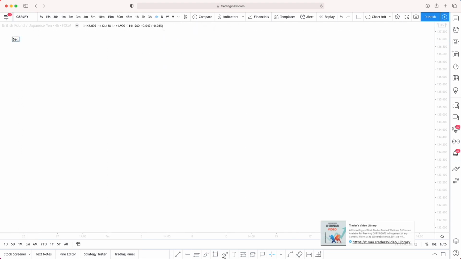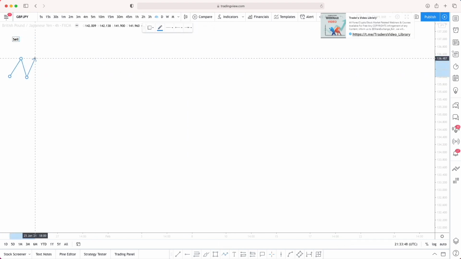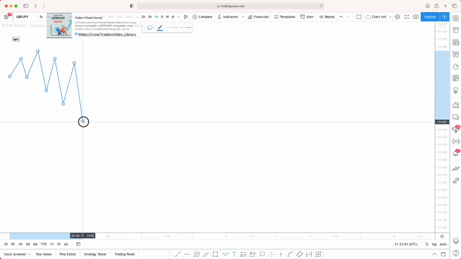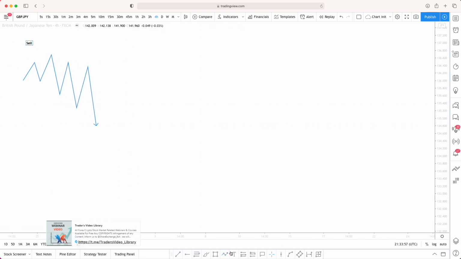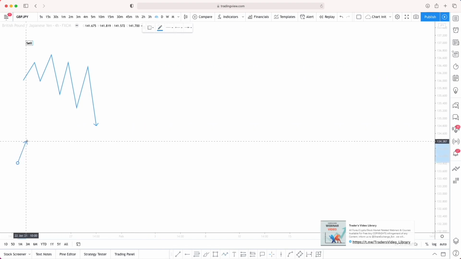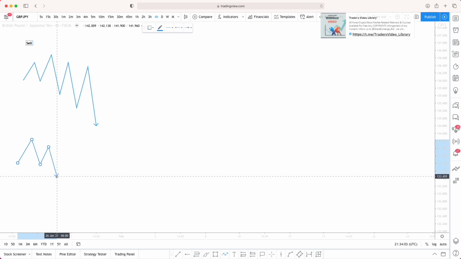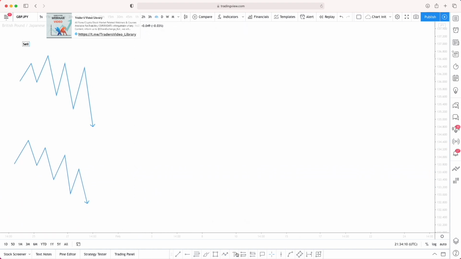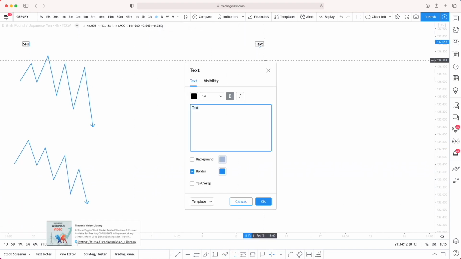The first pattern is when you get this situation, and the second situation is when you get this. Okay, and for a buy, I'll explain these after I've drawn them all for you.